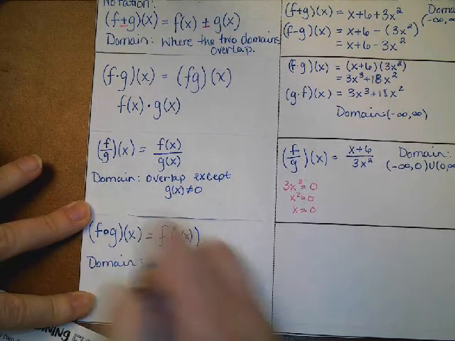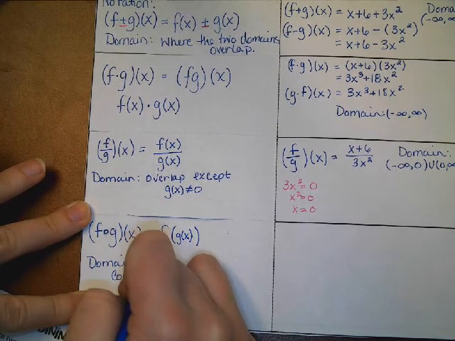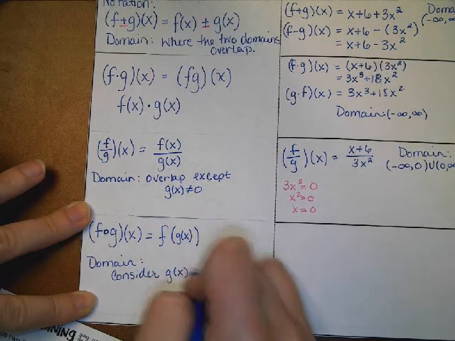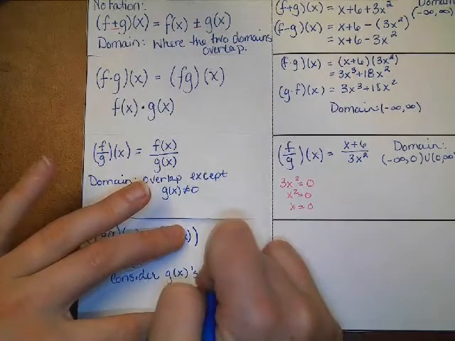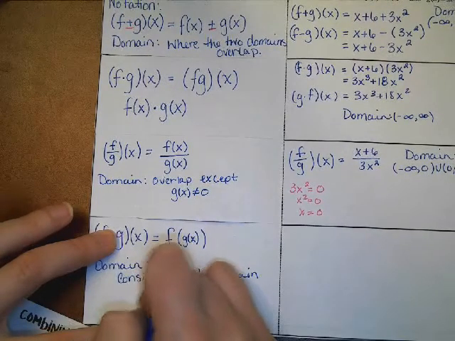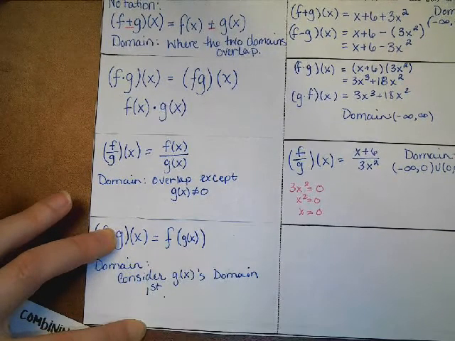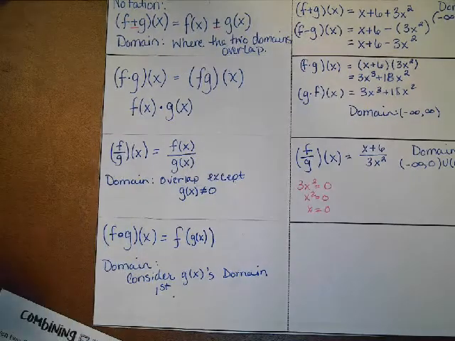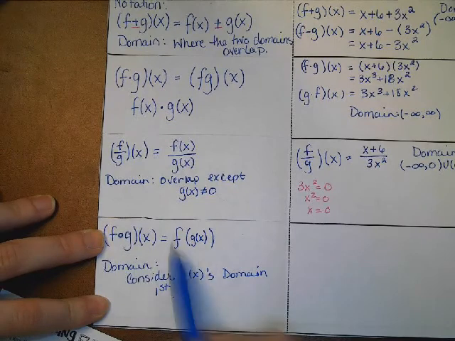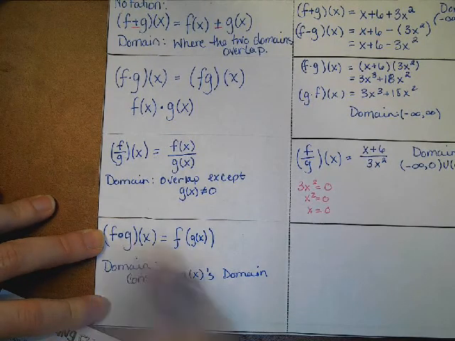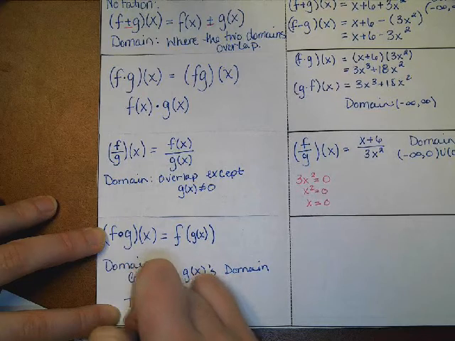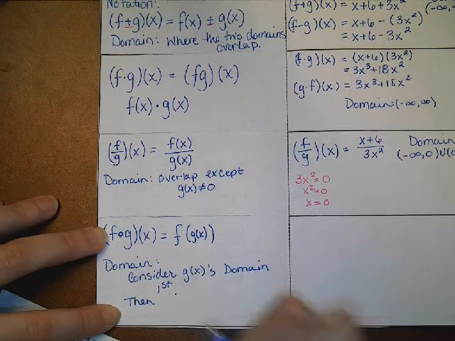Okay. The domain is a little tricky. I would say, consider G of X's domain first. Okay, so first look at G of X's domain, then look at the domain of the final. All right, and where the domain of the final overlaps with G of X, that's your domain.